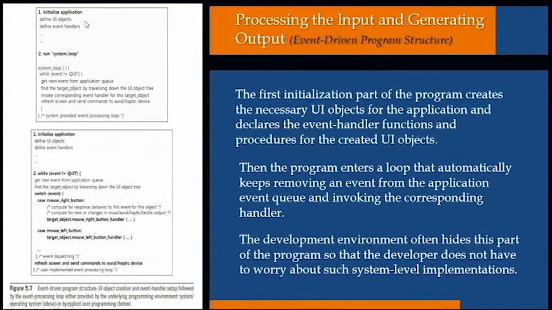Then the program enters a loop that automatically keeps removing an event from the application event queue and invoking the corresponding handler. So the program runs in a system loop.